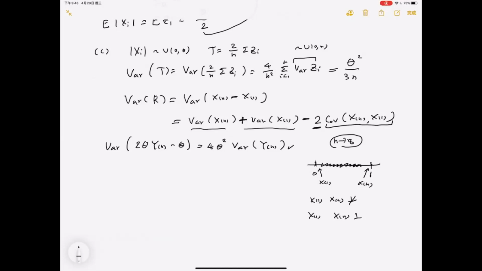Okay, so that means these two guys would be more dependent with these two guys. And it's not hard to imagine, as long as the dependency is so far away, this term is going to become 0, which means your minimum order statistic has nothing to do with your maximum order statistic whenever there are so many things happening between the two statistics. Then these two guys are easy to work on.